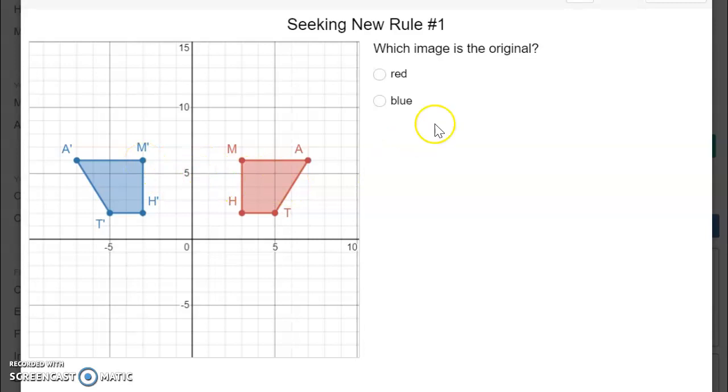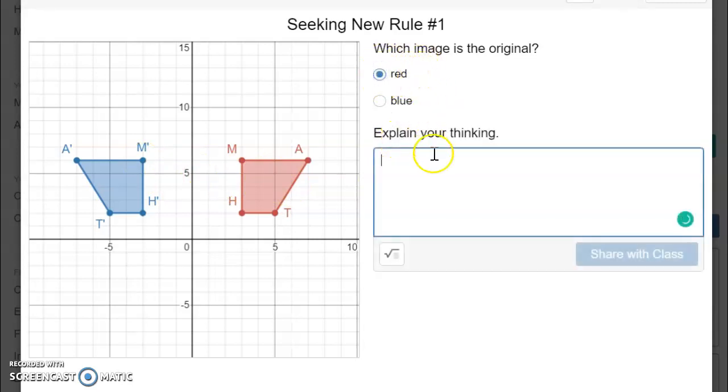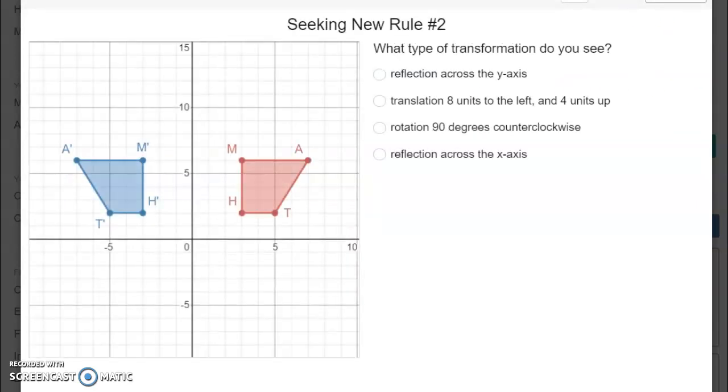So what is the transformation? Well, first of all, the original is red. Explain your thinking. The polygon MATH does not have prime notation, while the blue polygon has M prime, H prime, T prime, A prime. So I'm going to say something like that.